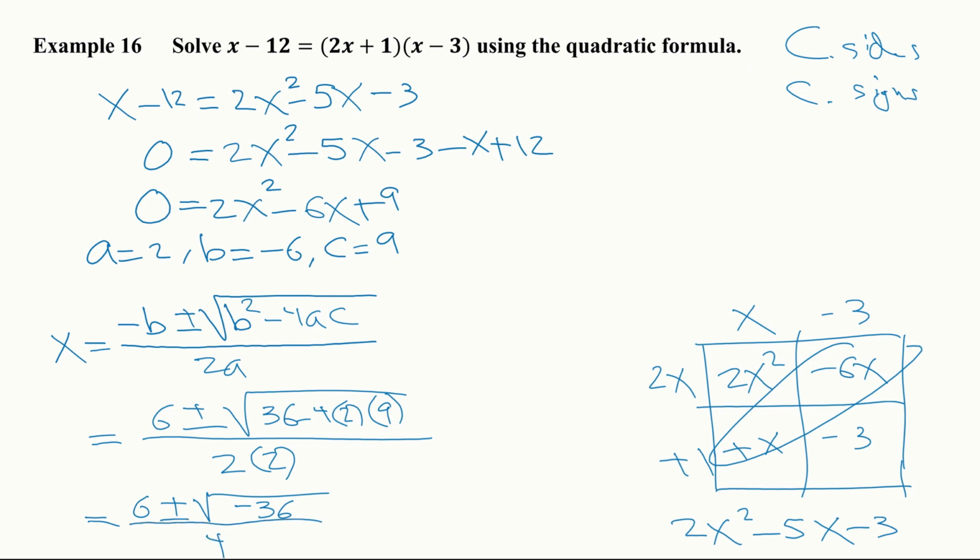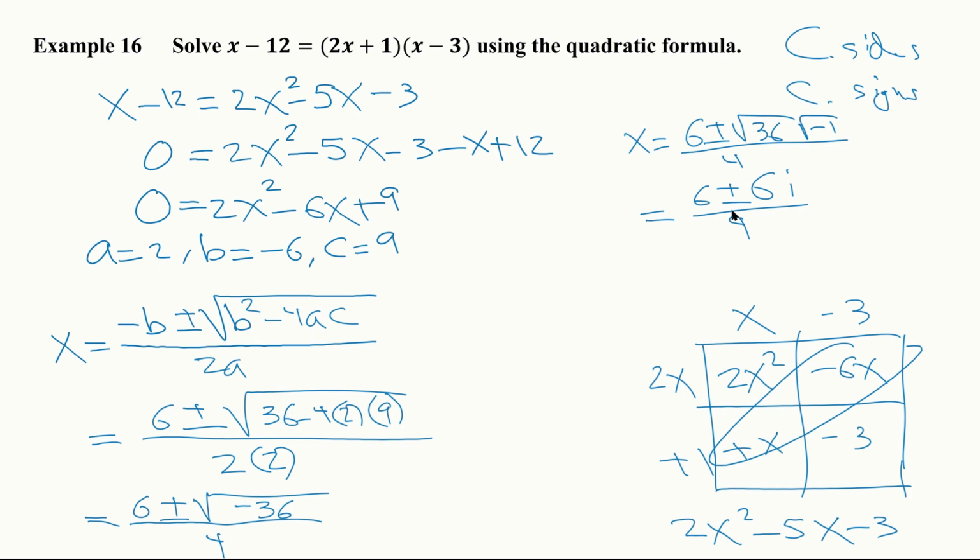So we get x equals 6 plus or minus. Of course, 36 is a perfect square, so we can just write square root of 36 times square root of negative 1, right? All over 4. So that's going to be 6 plus or minus 6i over 4. If we break it up or factor out, notice 3 terms here.